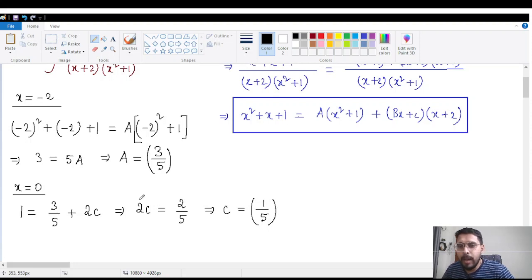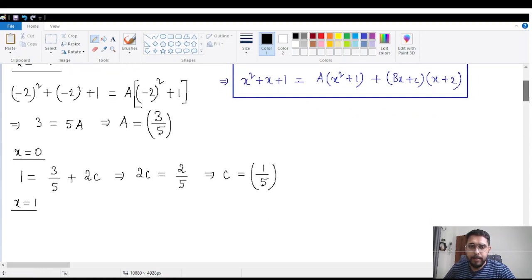And finally, to get the value of b, you have to take any random value because none of the constants will get eliminated. So if I put x equal to 1, what are we getting here? 1 square plus 1 is 3, and this is 3 by 5 times 2, so this is 6 by 5, and this is b times 1, so b plus 1 by 5, which is c, times of 1 plus 2, that is 3.